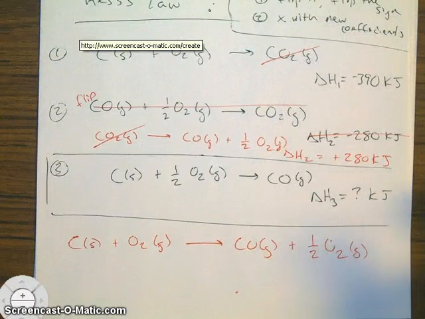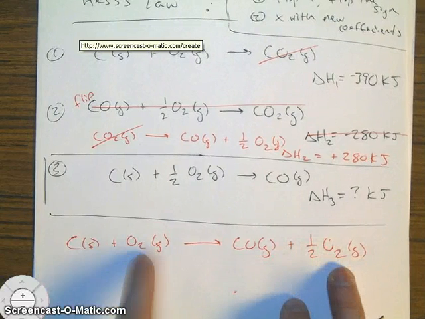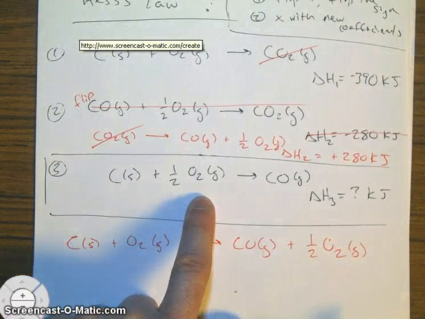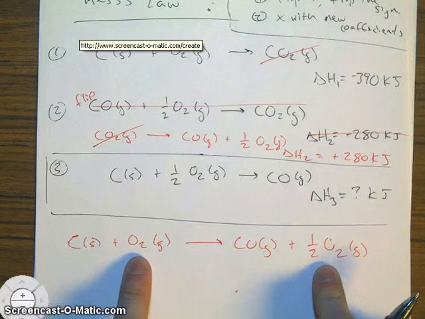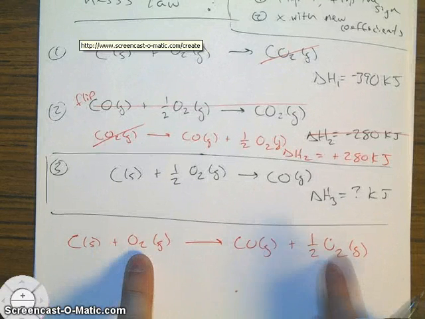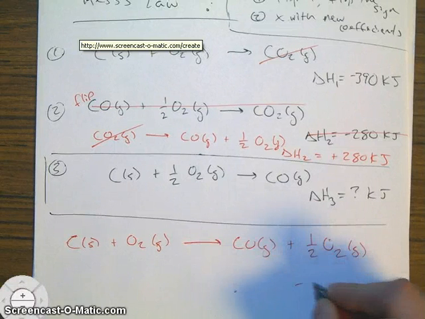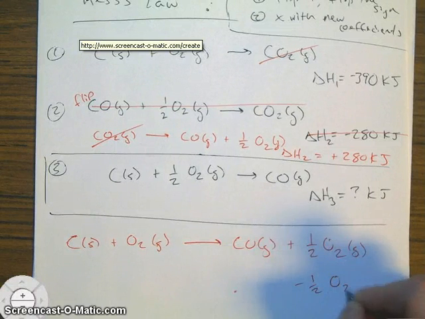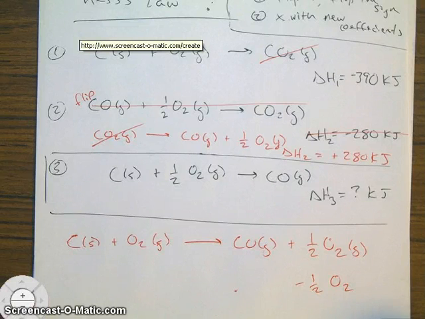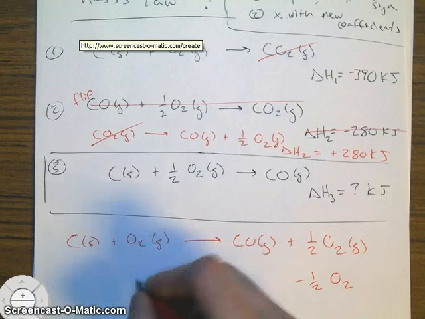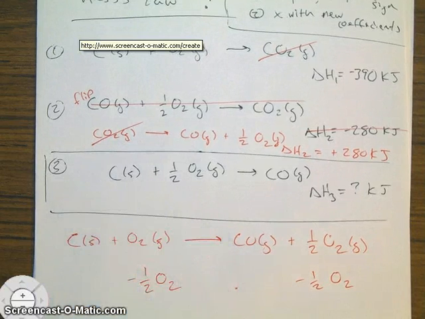But you're probably noticing, hey, what's with this oxygen? There's a half oxygen on the reactant side, but when I add them together, I have a whole oxygen and I have a half on the right. So what I can do is subtract half oxygen from this side, and just like an equation in math, what you do to one side, you do to the other. So subtracting half an oxygen on that side means I have to subtract half an oxygen on that side.